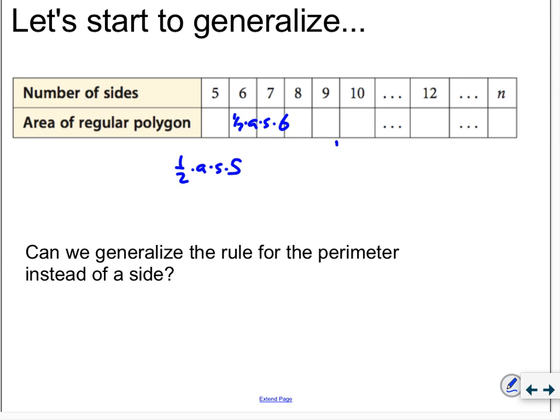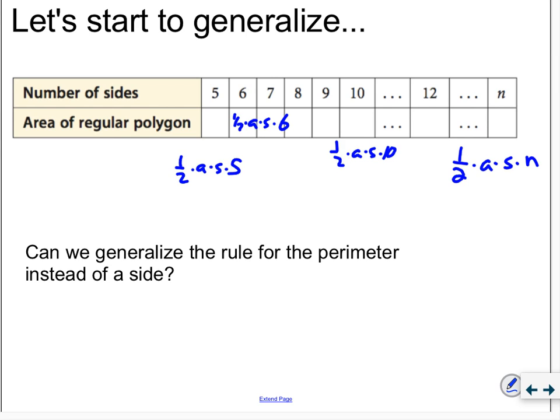And for 10, won't it be 1/2 times A times S times 10? So would it make sense then to generalize it? If we have an n-sided polygon, an n-gon, the area of it is 1/2 times A times S times n, where n is the number of sides.